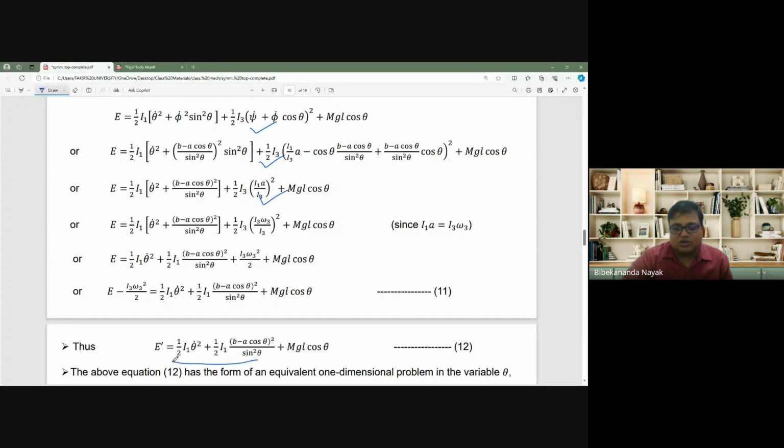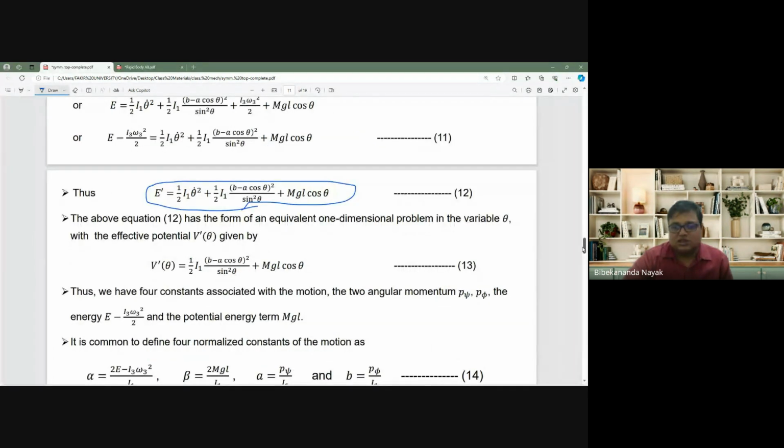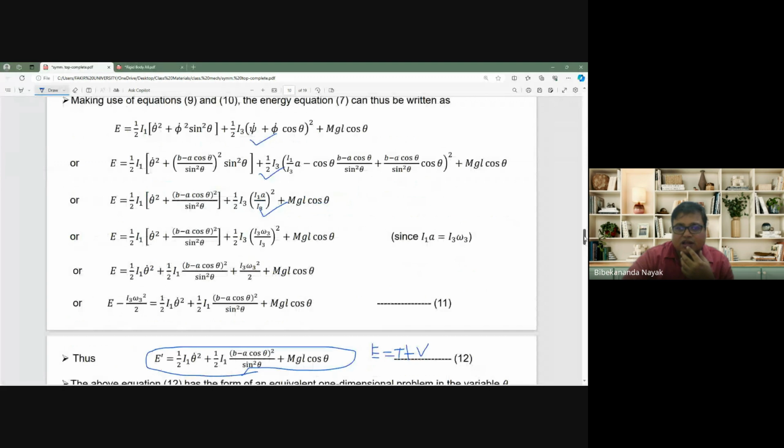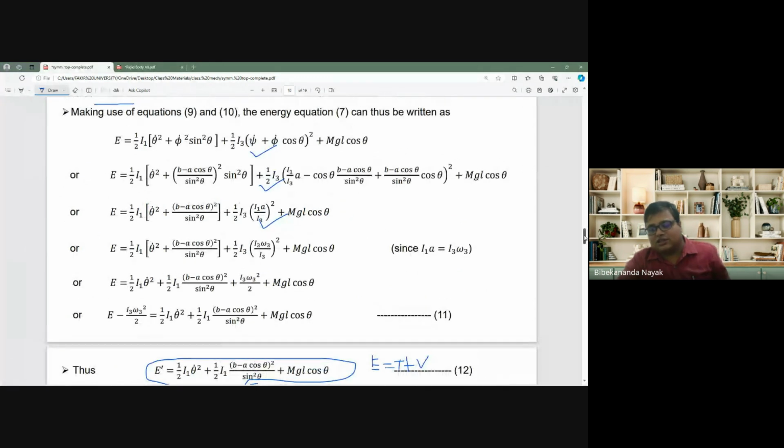Finally, we found the energy E prime is equal to this in terms of constants b, a, and other things. But E is actually kinetic energy plus potential energy. So you can calculate; all calculations are given here. You can calculate like this. All mathematical calculations are given in the slide.